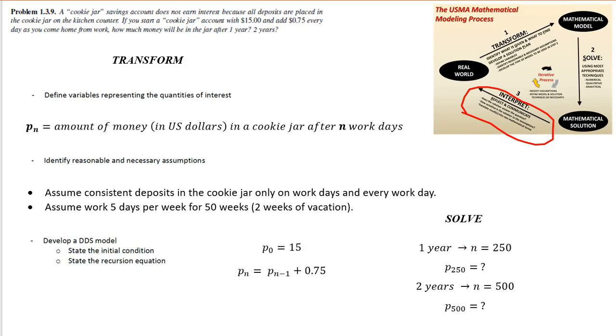Here, we want to focus on answering the questions: Does the solution answer the question? How sensitive is the solution to the assumptions? And then, can we translate the results into non-mathematical terms?